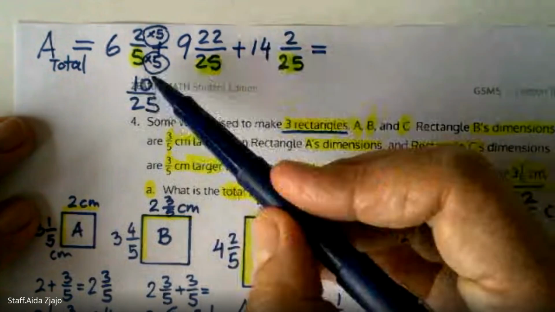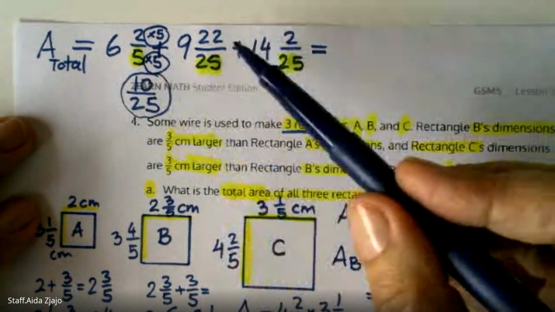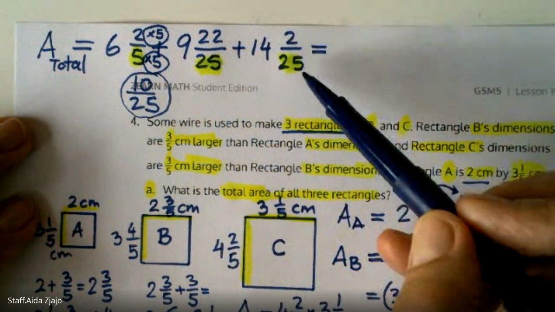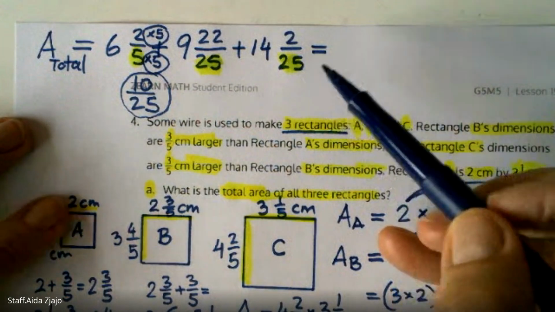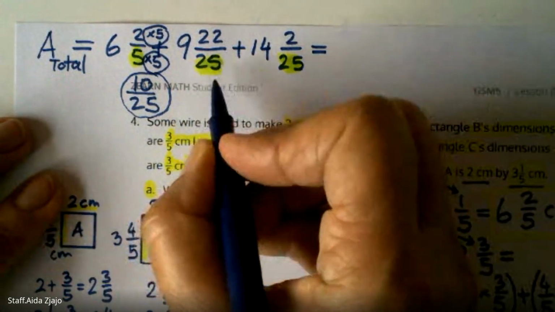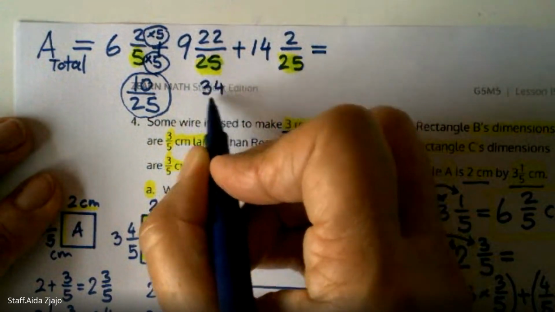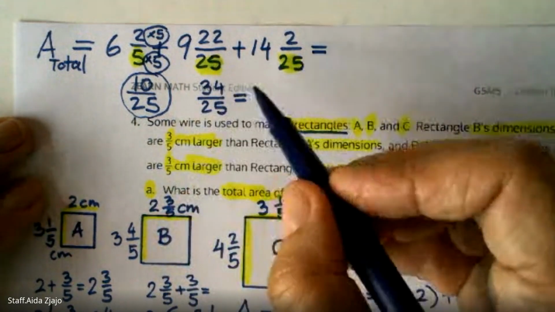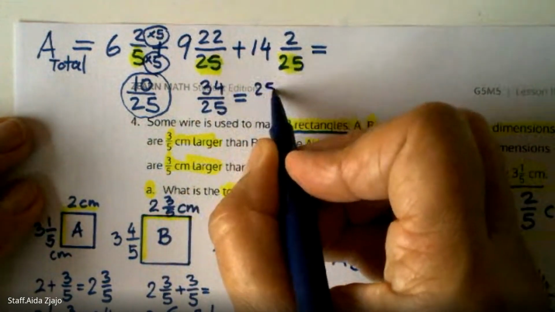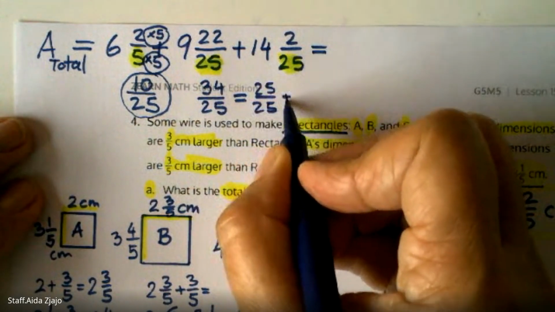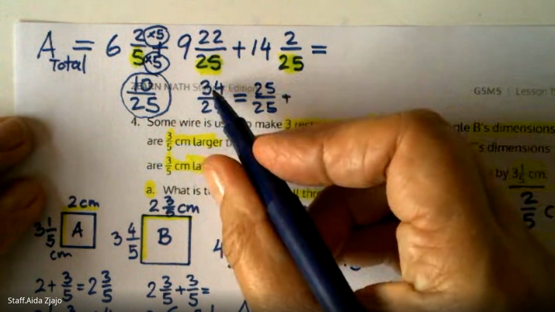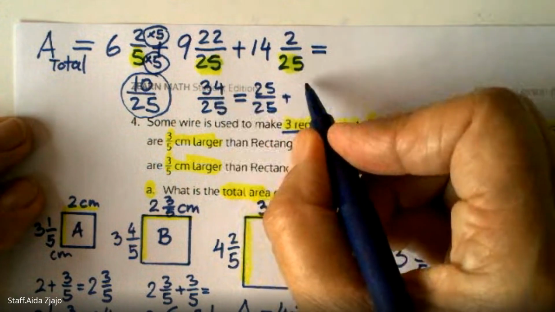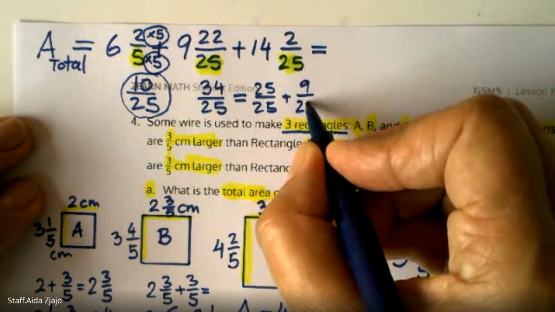So when I add 10 25ths and 22, that's 32, 33, 34 25ths. So I will have 34 25ths. So when I change, this will become 25 25ths plus this 34 minus 25 is 9 and it will be 9/25.